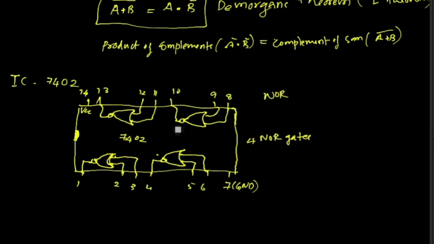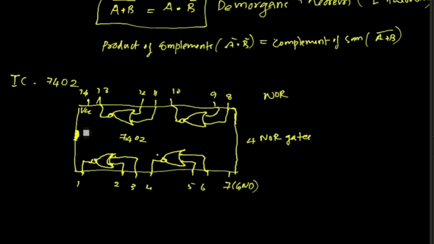And remember here that, unlike other diagrams, the pin numbers 1, 4, 10 and 13 are the output pins for each logic gate, and 2, 3, 5, 6, 8, 9 and 11, 12 are the corresponding inputs to each logic gate.